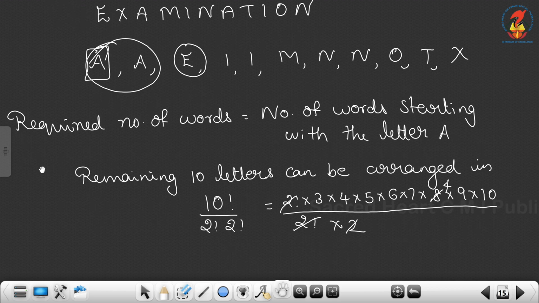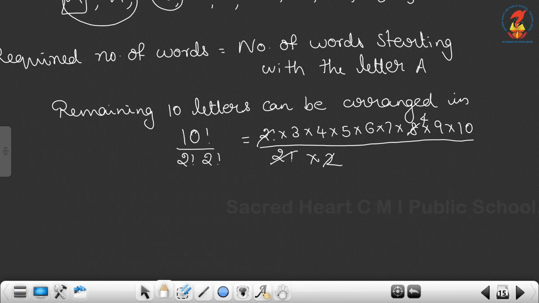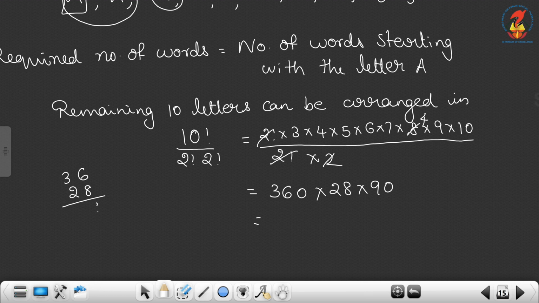Now you multiply. 3 into 4 is 12. 12 fives are 60. 60 into 6 is 360. Okay. Then 28 into 9. Now 36 into 28. 6 eights are 48. 24, 28. Then 7.